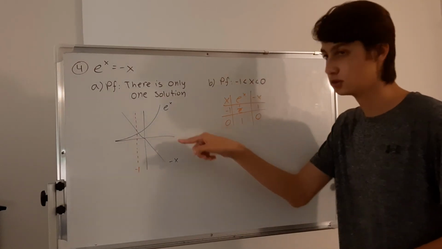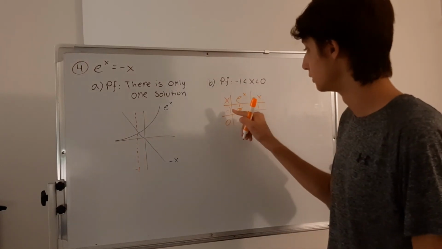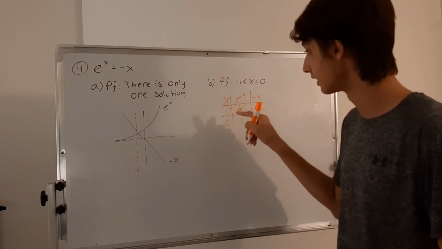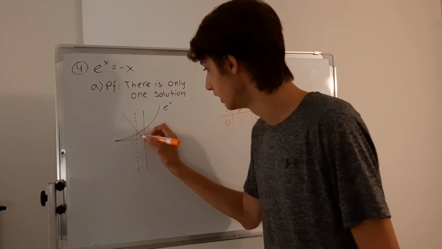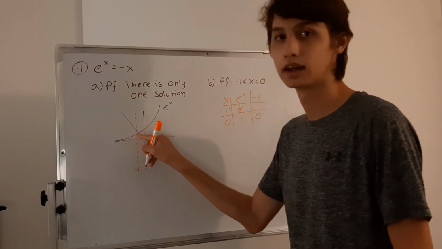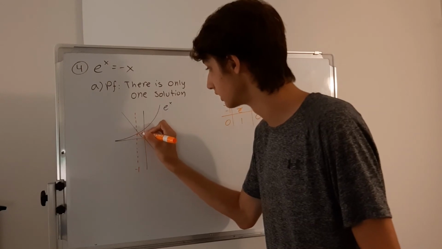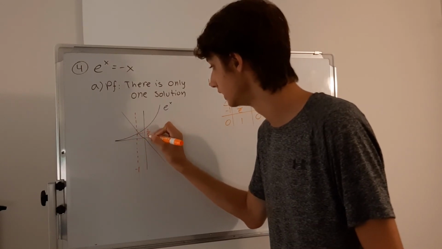We can now use our graph to help us out. So when x is negative 1, e to the x is going to be 1 over e. So this point right here where the purple line intersects the orange is 1 over e. So I'm going to try to make that clear there. Yeah, 1 over e.